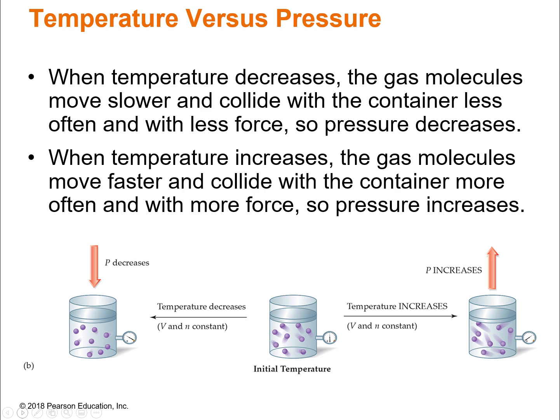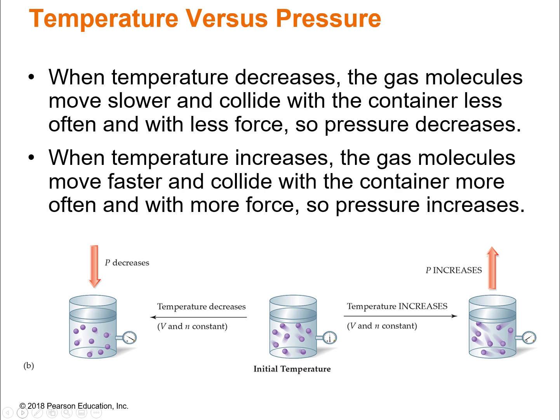The next variable that affects pressure is temperature. We hinted at this a little bit when we were talking about pressure and defining it. Now we're going to talk about this relationship directly. So when you decrease the temperature, the gas molecules are moving around more slowly.